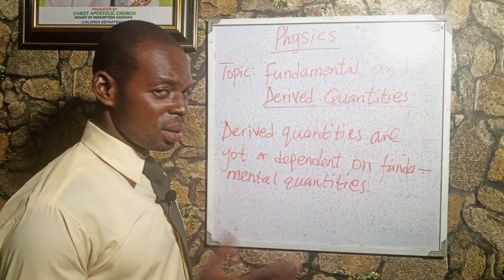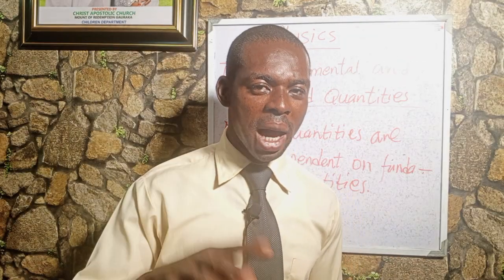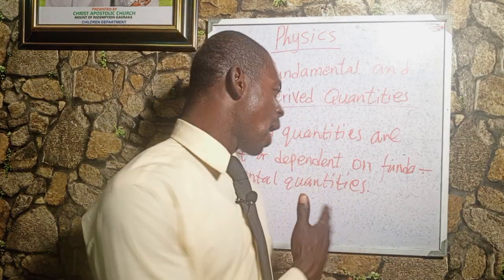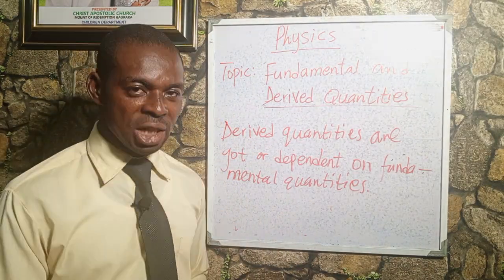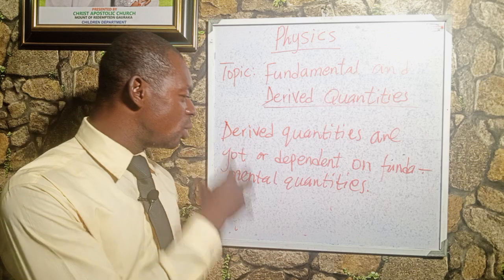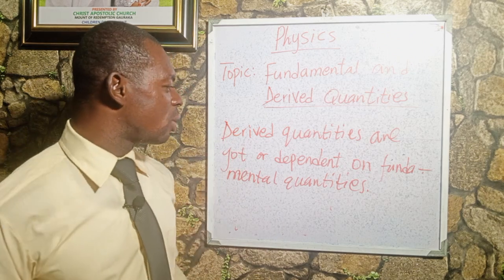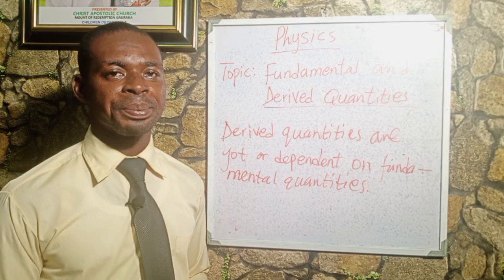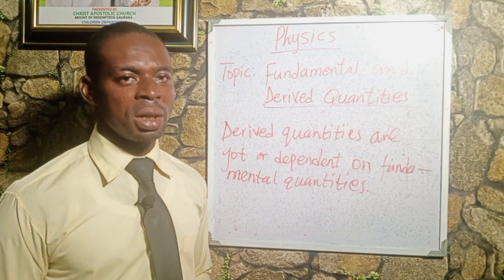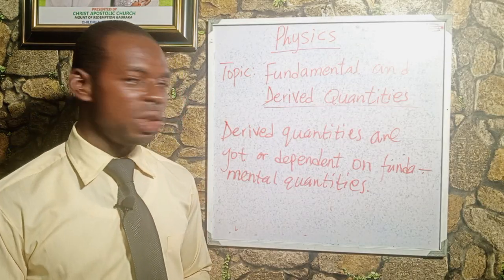And derived units, of course, are the units of derived quantities. As we go into it, you are going to see that it is the combination of the units of fundamental quantities. Now, let's quickly look at examples of derived quantities, their dimensions, and their units.